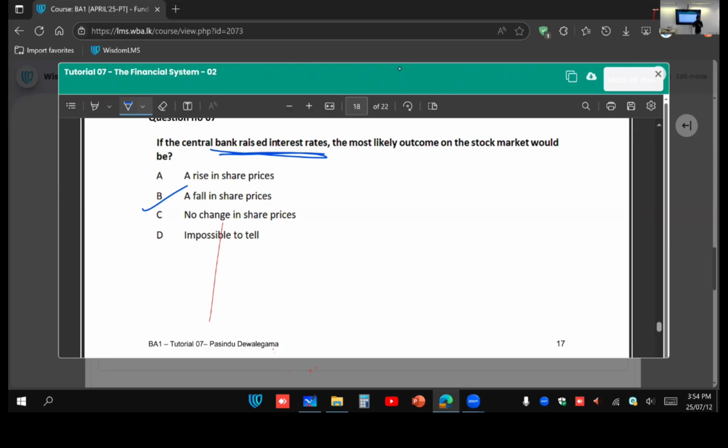Market confidence, anything like that will change the share price. Today I can wake up and say, this company is going to fail. If people start believing me, share prices fall. Market information going here and there. So because of that, a fall in share prices.